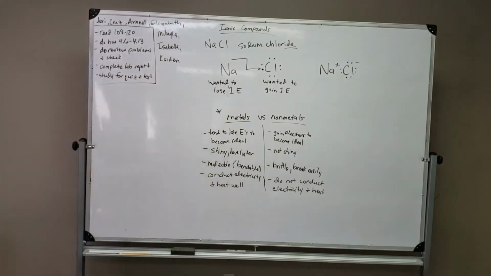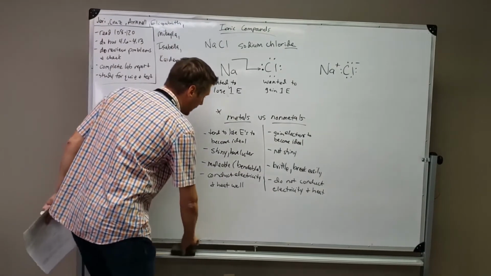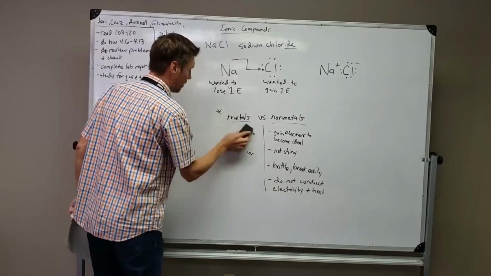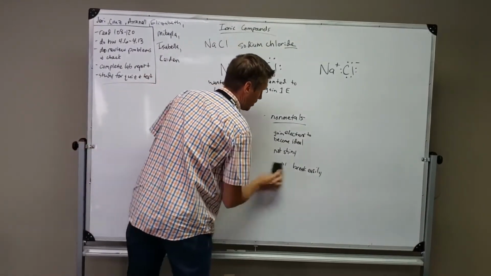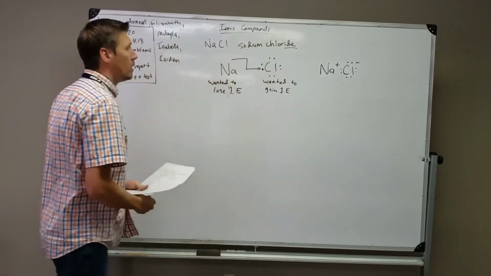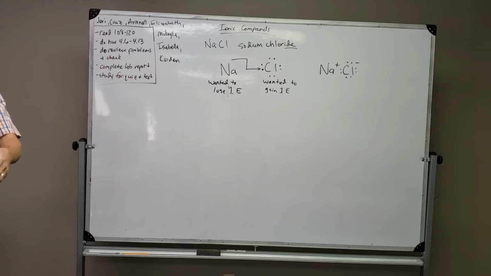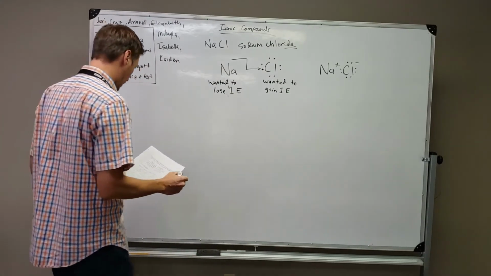All right? And NaCl is an example of what we call an ionic compound, because when this compound forms, it forms because we created two ions that are now held together by their opposite charges.